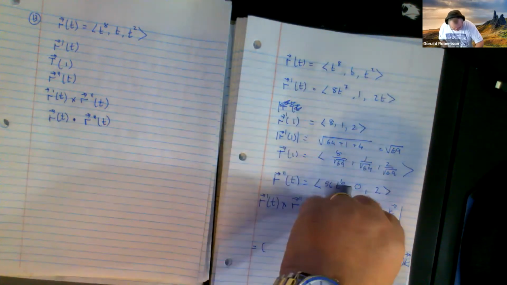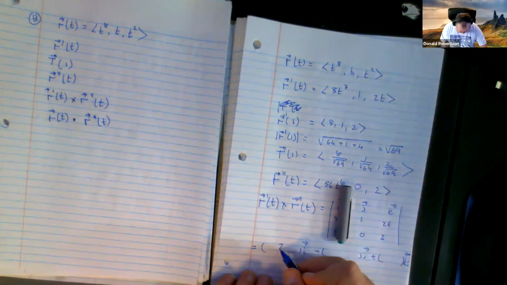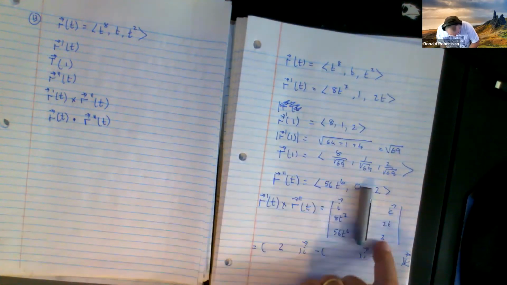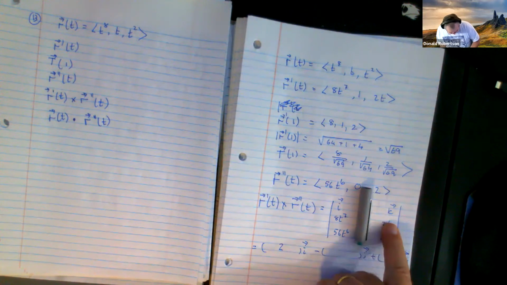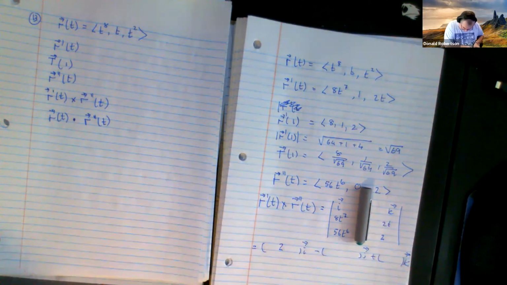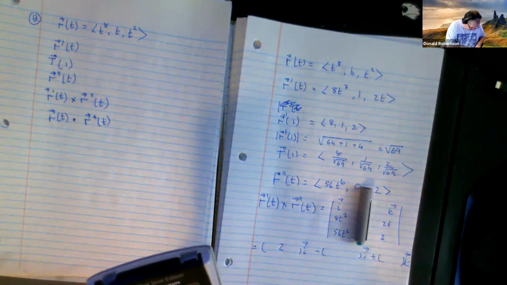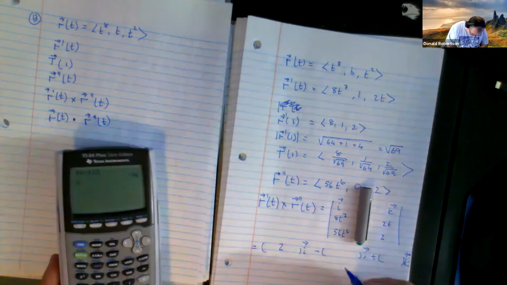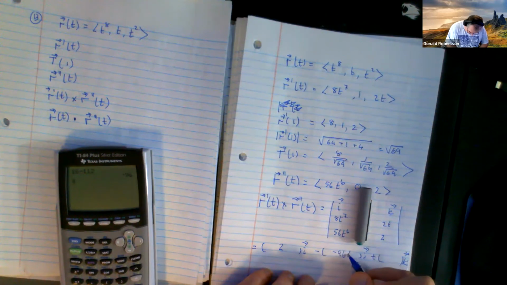If you cover this guy up, you get 2 take away 0, so that's 2. If you cover this guy up, you get 16t to the 7 take away 112t to the 7, so 16 take away 112 is negative 96t to the 7.